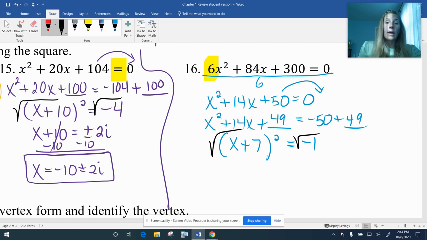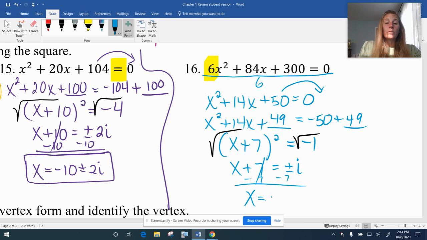Square rooting both sides, x plus 7 equals positive or negative 1i. Subtract the 7. x equals negative 7 plus or minus i.